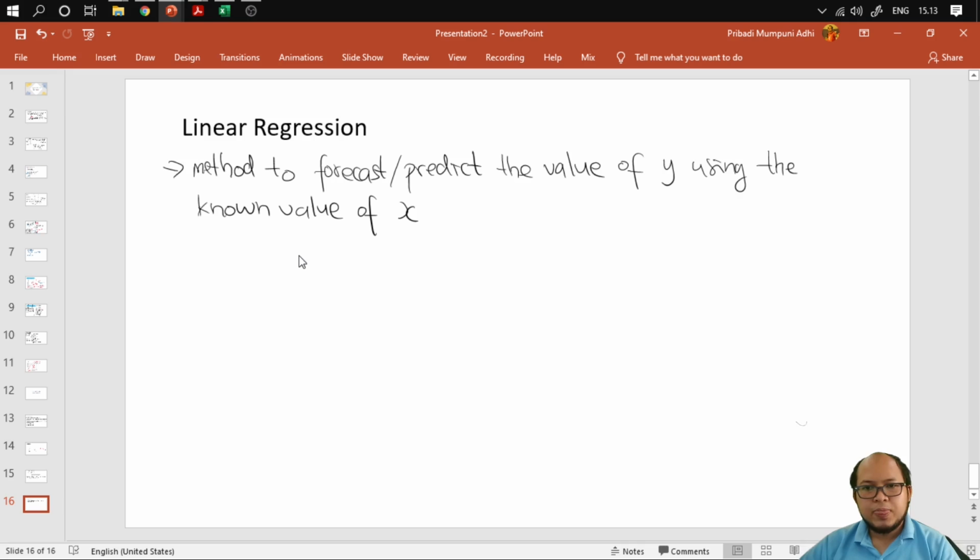So we have y. The y is a dependent variable, and x is the independent variable.